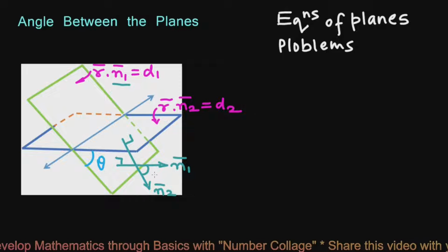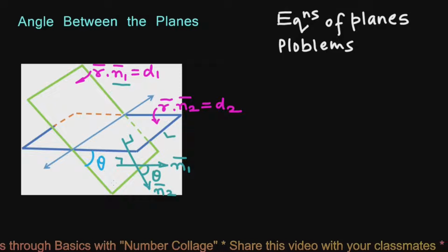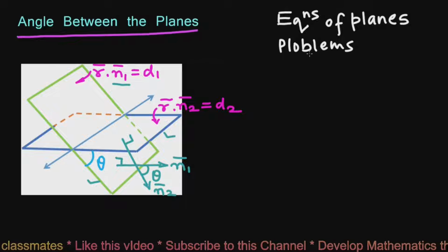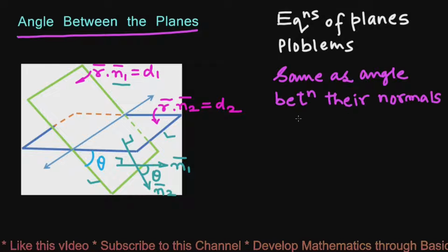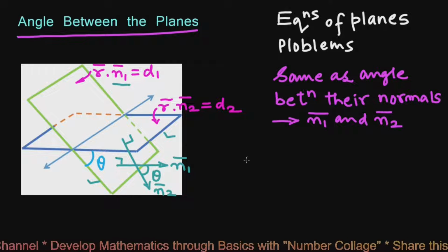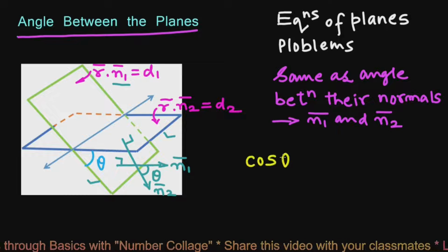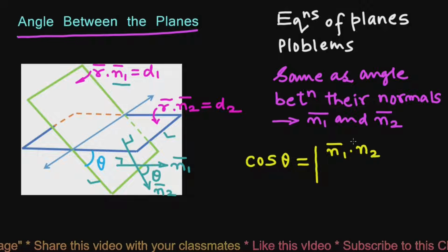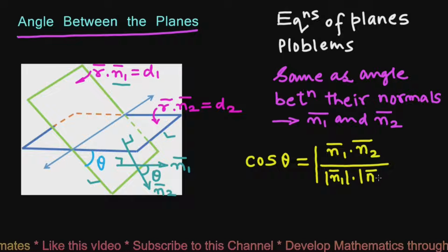The angle between them, theta, is the same as the angle between the planes. This angle theta between the planes is given by the formula cos theta equals mod of n1 bar dot n2 bar upon mod n1 bar into mod n2 bar.